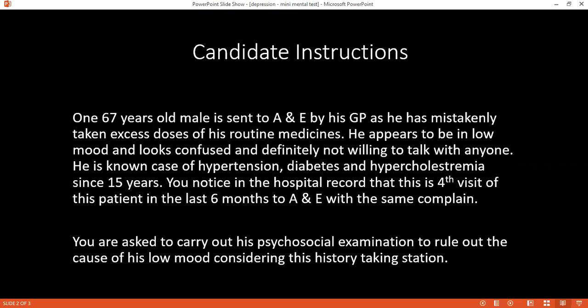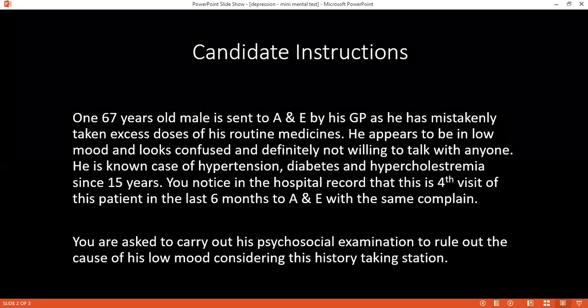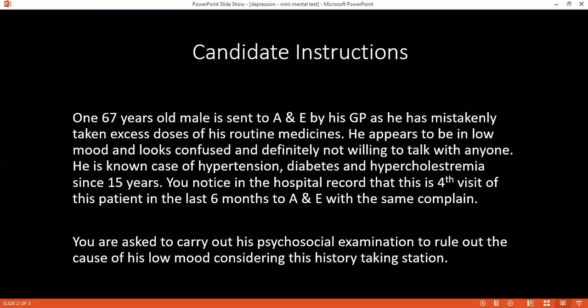So I had the pleasure of talking to a 67-year-old male. He presented with low mood, and his sleep cycle is disturbed. His mood is low throughout the day, and it doesn't vary. His appetite is also decreased, and he noticed a change in his libido as well.